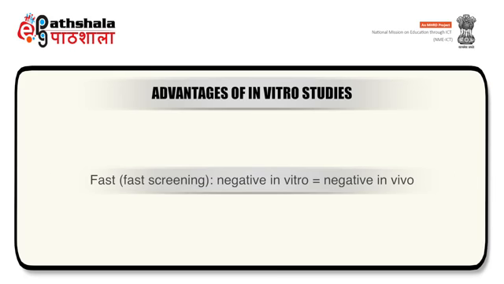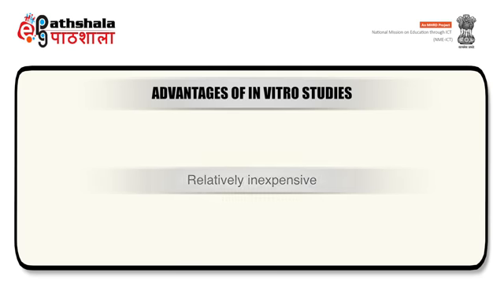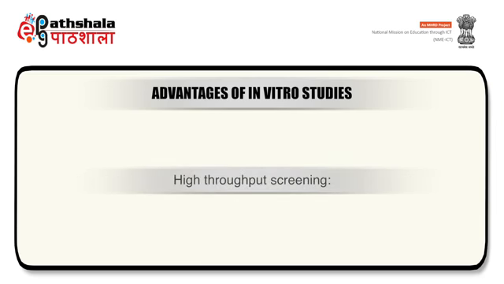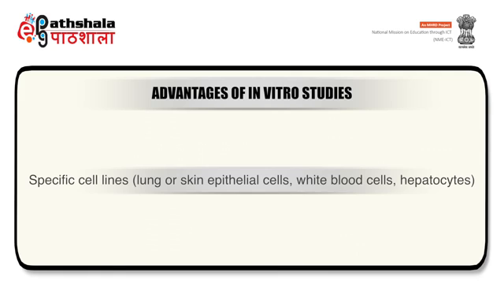Fast screening, negative in vitro and negative in vivo, relatively inexpensive, often predictive of a real hazard or risk. Example, DNA damage. High throughput screening, example, vetotox tests, omic or specific cell lines, lung or skin epithelial cells, white blood cells and hepatocytes.